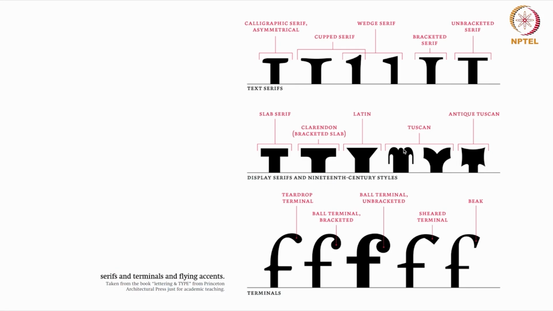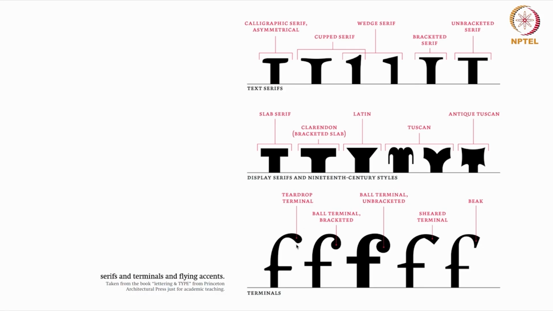And you can also see this kind of decorative style, quite popular in the Indian context, in the letters written on shop signs and especially truck art. So you will find Tuscan style, which is quite popular, and maybe antique Tuscan or other decorative elements.